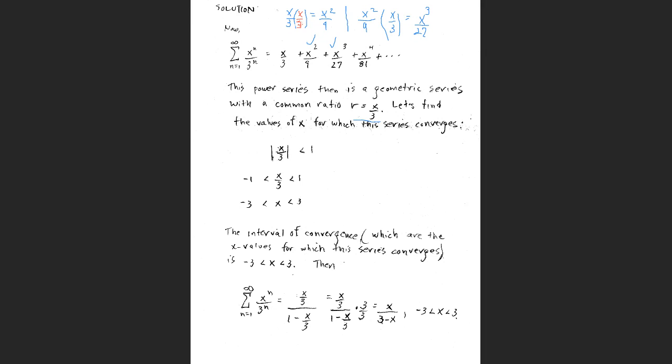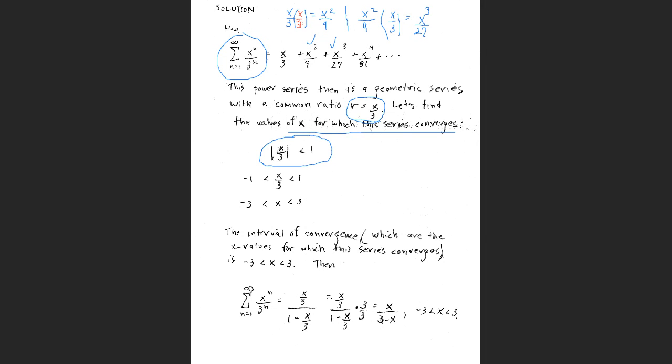But what we want to do, for this power series now, is find the values of x for which the series converges. And of course, for a geometric series, I take the common ratio and its absolute value. A geometric series converges when the absolute value of its common ratio is less than 1.